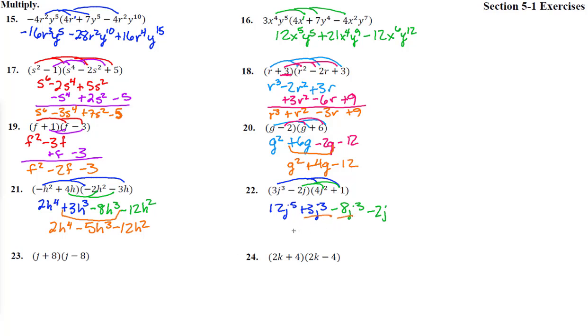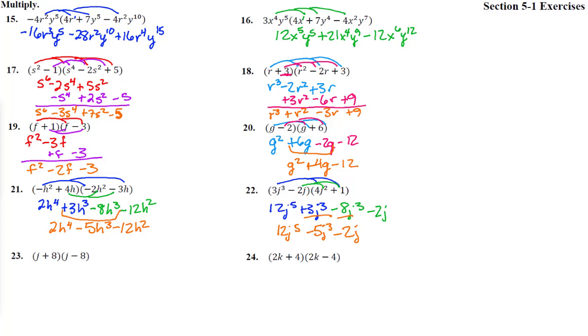Oh yeah, that guy and that guy. So we have 12j to the fifth, plus 3 and minus 8, so that's a minus 5j cubed minus 2j. Good deal. Notice these binomial times binomials give us 4 terms here, and the 4 terms then simplified down into 3. Not always, but in these cases they have been doing that.